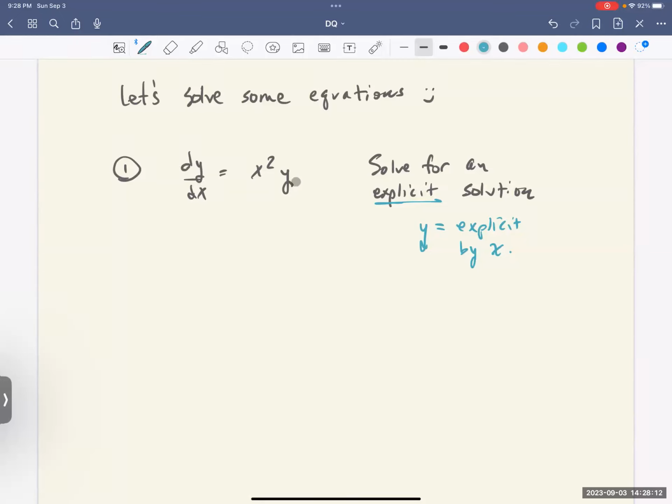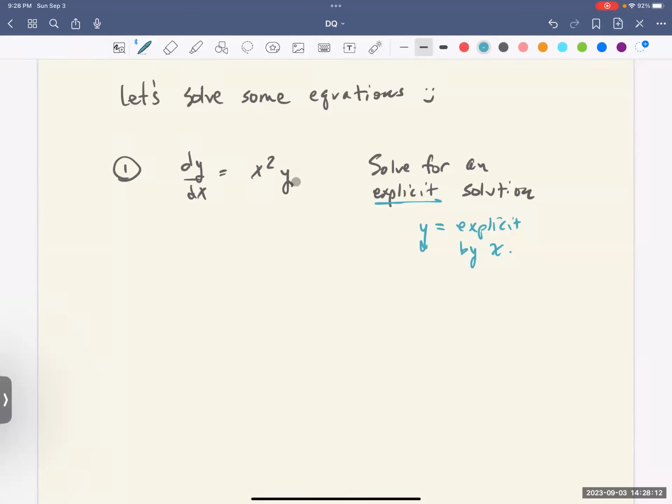So when we remove the bars on the absolute value, the y could have been plus or minus. y is, let's put the e to the c in front, e to the x cubed over 3. Then I'm going to move the plus and minus to the right-hand side of the equation, plus or minus e to the c times e to the x cubed over 3.